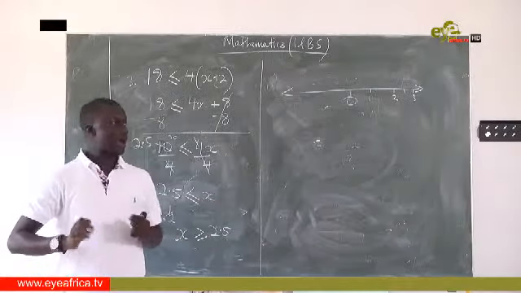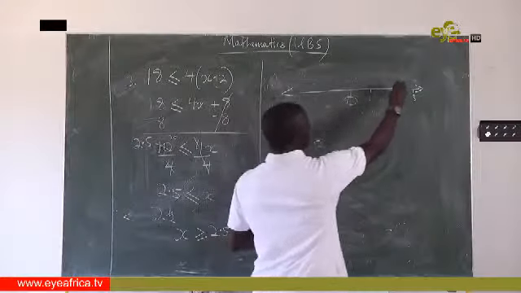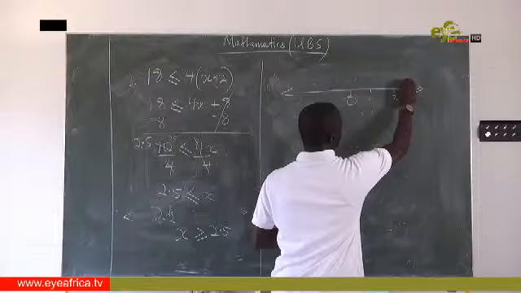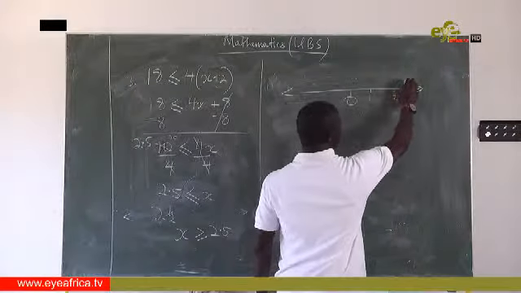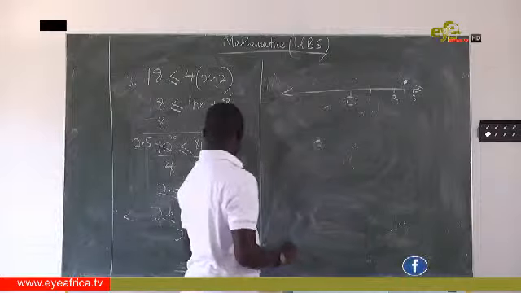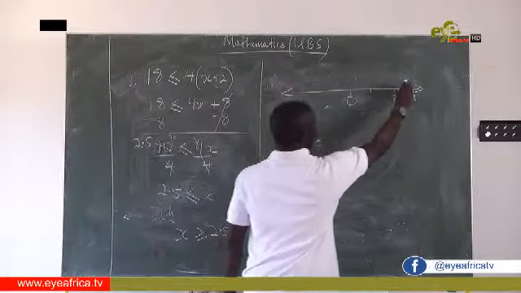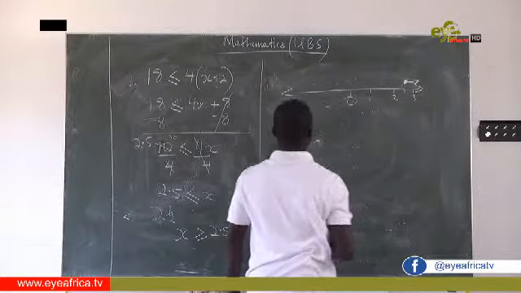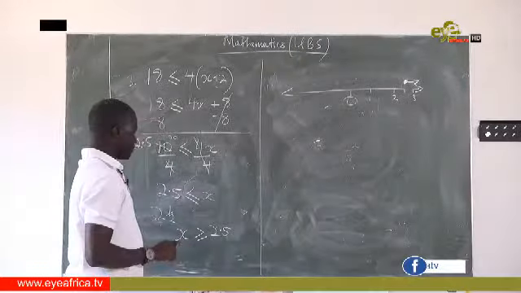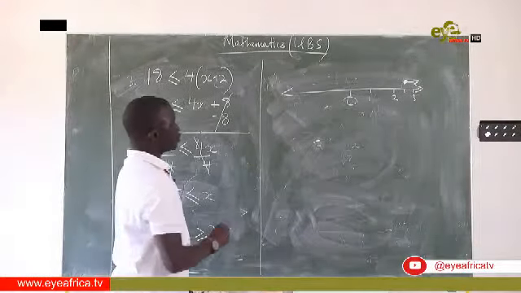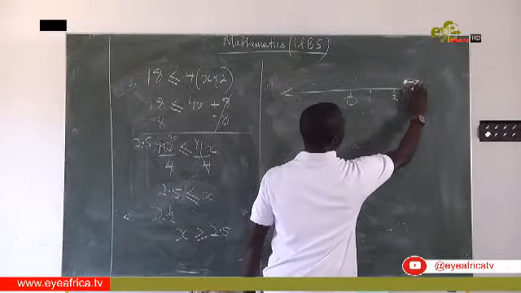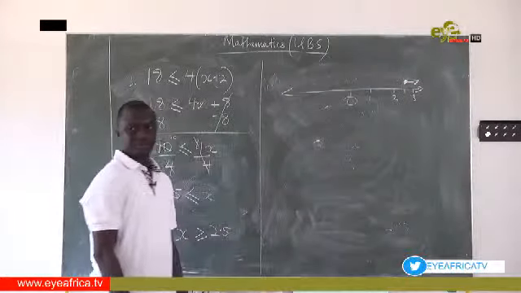Okay? So we have our closed circle there. Now our 2.5 is inclusive, so we have to close the circle and point it in the direction where all the digits are more than 2.5. x is greater than or equal to 2.5 is represented on the number line as it is here.